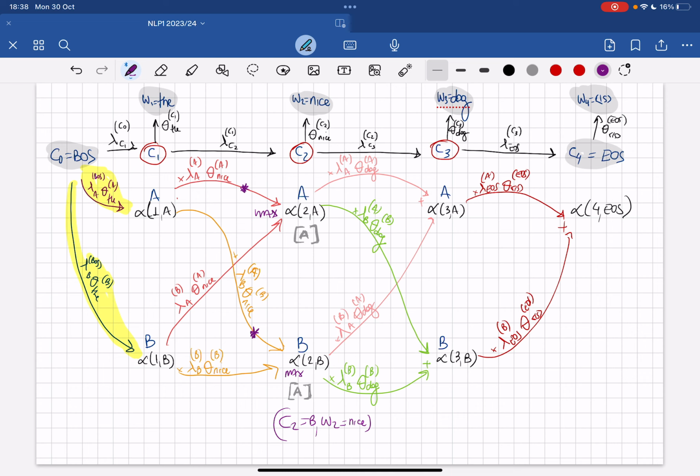We compute their contributions: alpha 2a times this emission transition pair, competing with alpha 2b times this emission transition pair, and we maximize our choice. Let's say that this time, this is the best choice. So this time, we extend the sequence that ended in C2b.